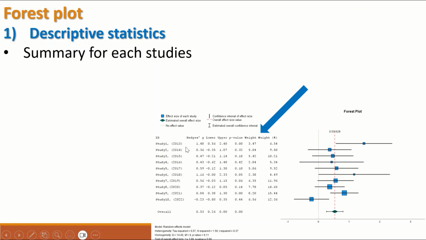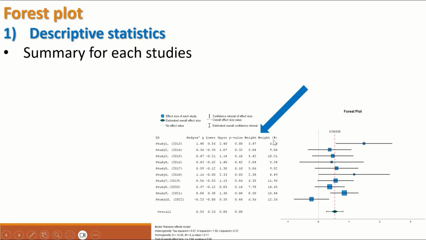So the first part here is the estimated effect size, which is Hedges G, based on a continuous outcome or continuous variable based on the mean. The 95% confidence interval is generated, and a p-value for this Hedges G is also produced, along with a weight percentage.